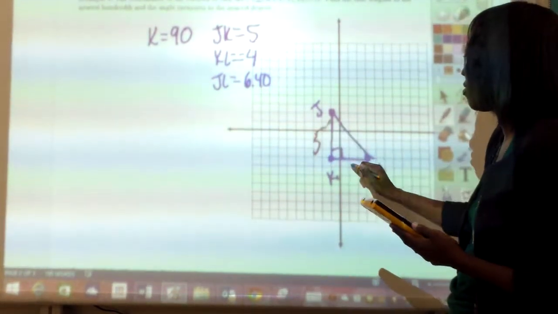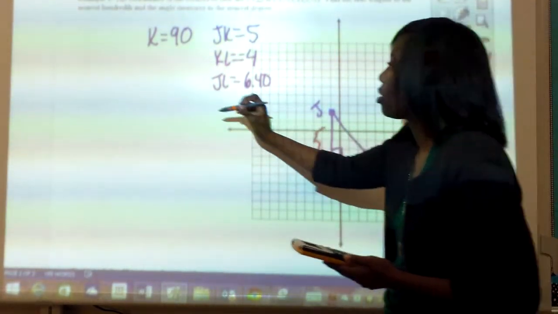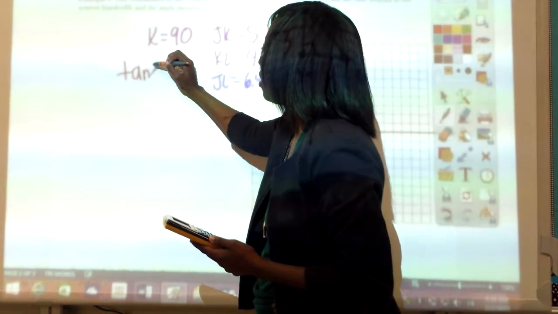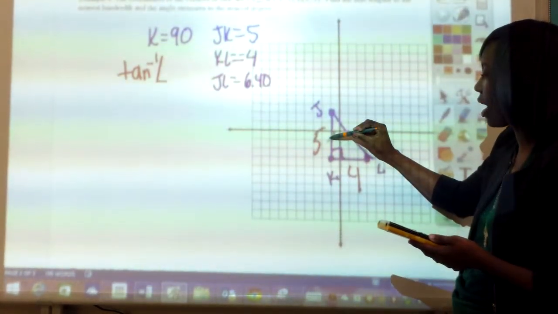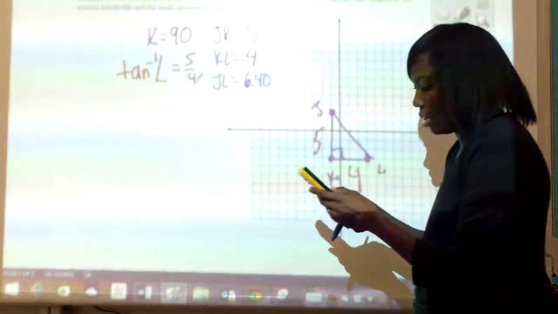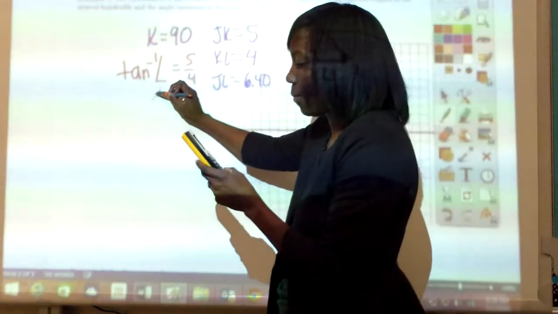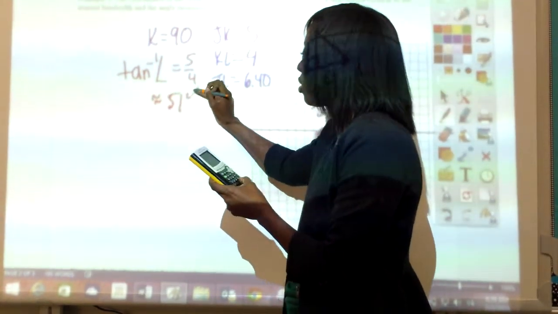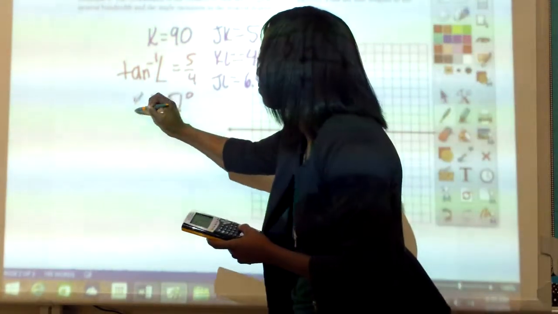We know this is 5 and this is 4. So I'll use L. Tan inverse of L, because we find an angle measurement, opposite is 5, adjacent is 4. So 5 over 4, tan inverse 5 divided by 4. That angle measurement is approximately 51 degrees. And so that is L.